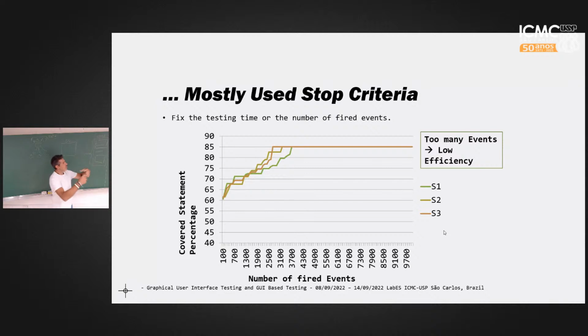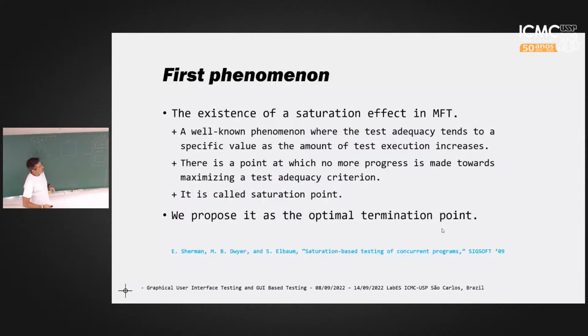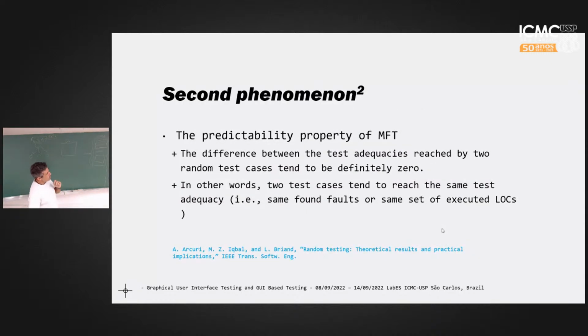I want to explore a space by random, but we collaborate in the exploration of the space. This is the idea. The second phenomenon is the predictability property of a model of monkey fuzzy testing.